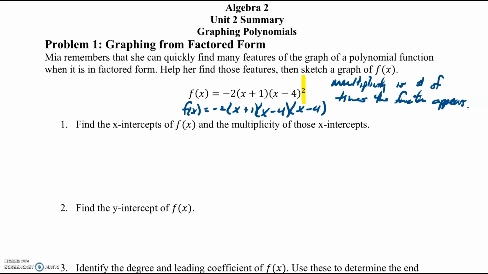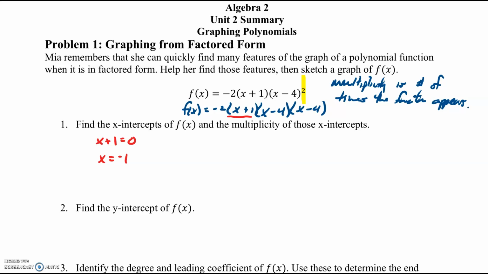Okay, so now to find the x-intercepts, the first x-intercept is going to come from this first factor of x plus 1. So if we take x plus 1, set it equal to 0, and solve, we get an x-intercept, or 0, of x equals negative 1.